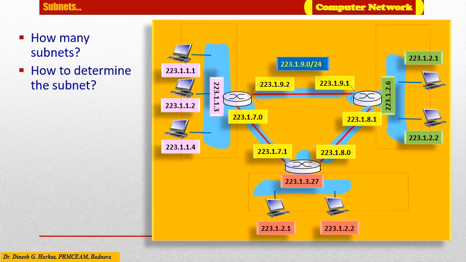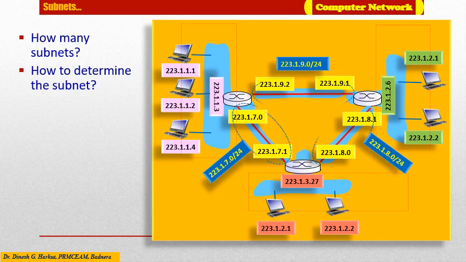Another subnet, 223.1.8.0/24, is for the interface that connects router R2 and router R3. And the third subnet, 223.1.7.0/24, is for the interface that connects router R3 and router R1.